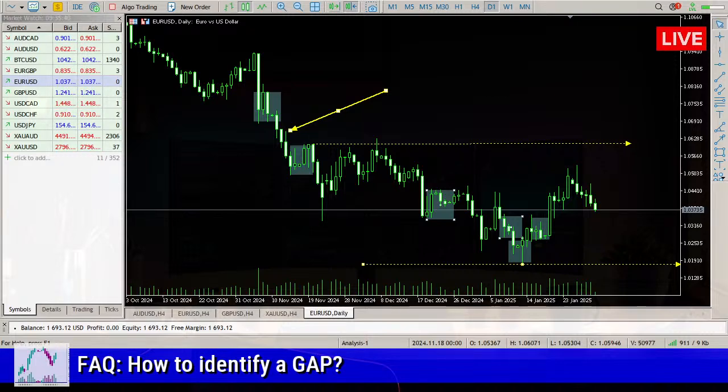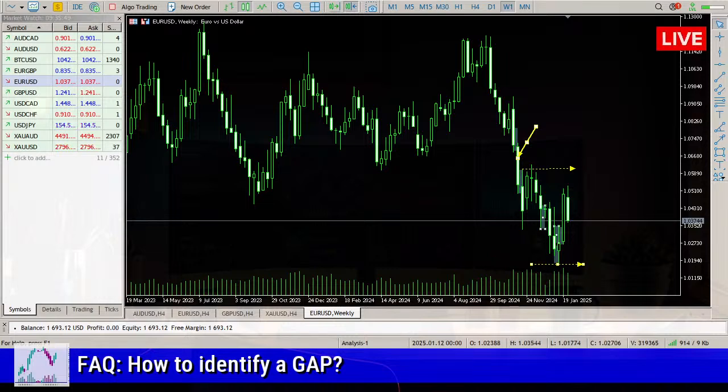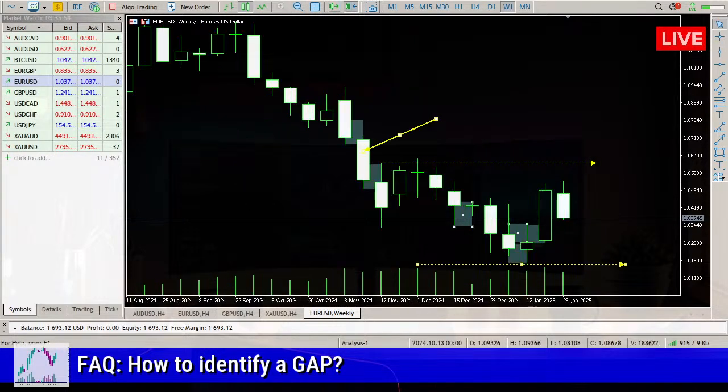Yes, correct, this is FVG, but when you see this kind of FVG, this belongs to a higher time frame. Just move to see on the weekly chart. This is the gap. Up to now, are you clear?